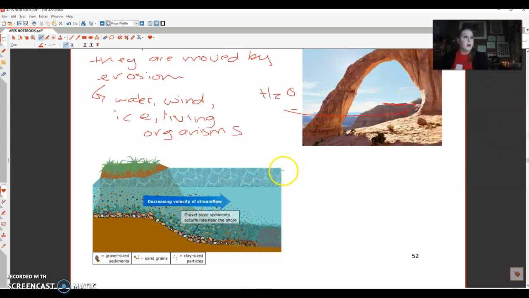Okay, so when water moves dirt or soil, it's moved to a new location, obviously. So we say that eroded material is placed in a new location.